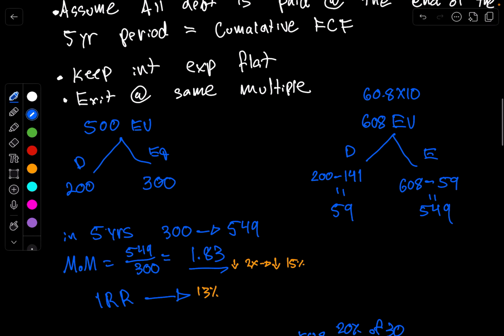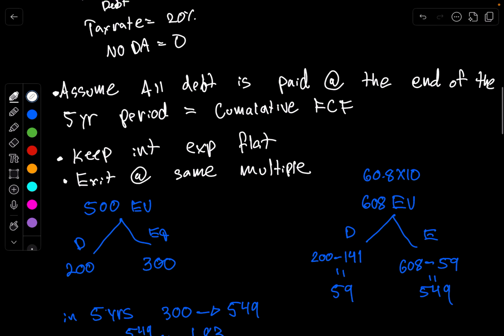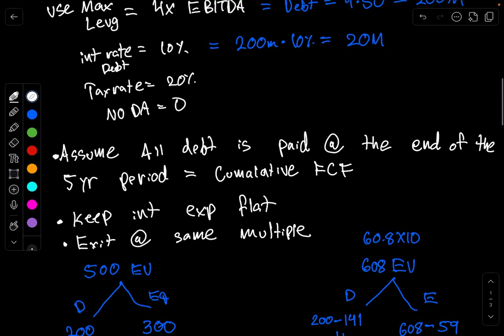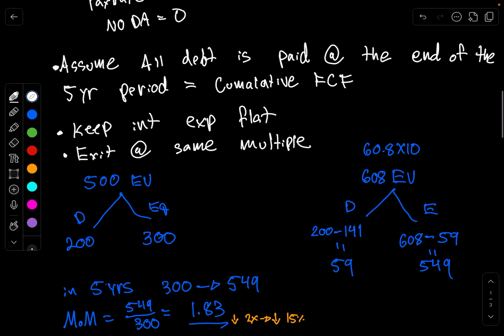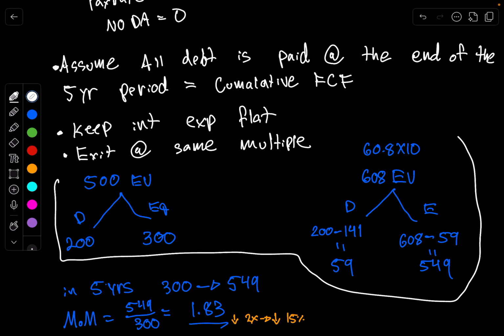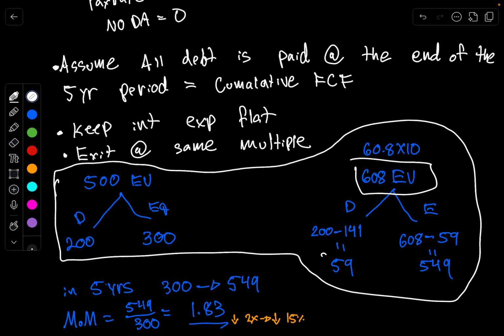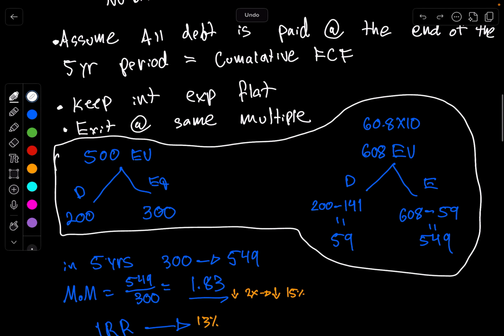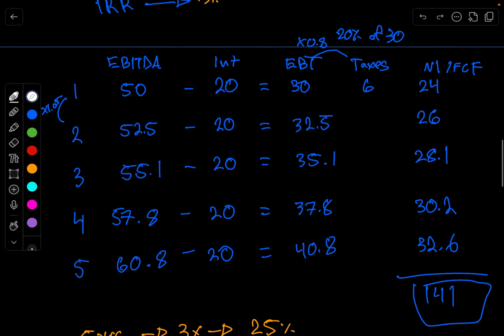At the end of the day, if you really think about this problem, it's not actually that complicated. The LBO calculation was the exact same thing that we've always done here. The only thing that was confusing was figuring out what the enterprise value was and what the debt amount was. But that was only difficult because we had to do some arithmetic in this fashion: our EBITDA minus our interest equals our earnings before taxes, and then calculate out what the taxes are.